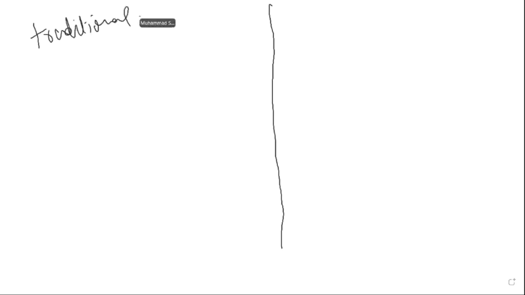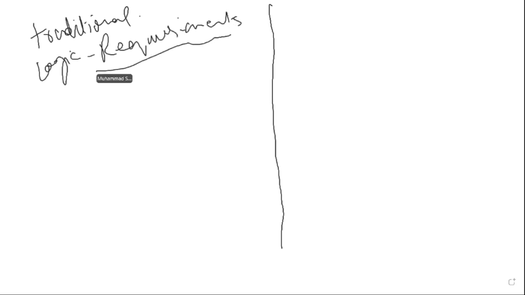Normally in the traditional programming, and let me draw a line so I can put both on my screen side by side. So normally in the traditional programming, we receive some logic as a business requirement, and normally in the business analysis time we called it business logic.